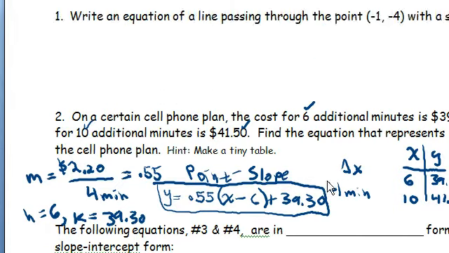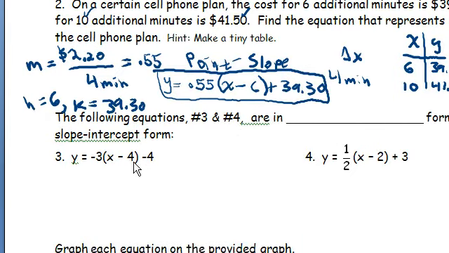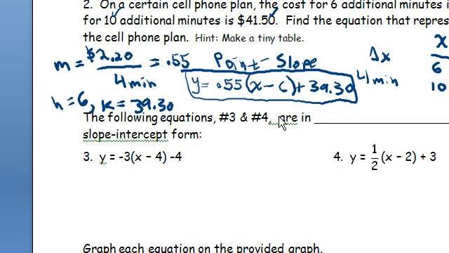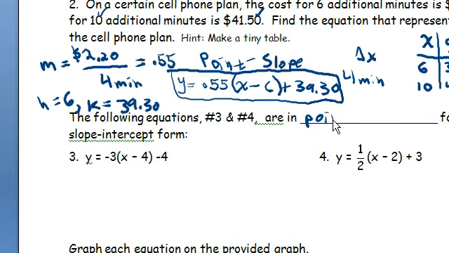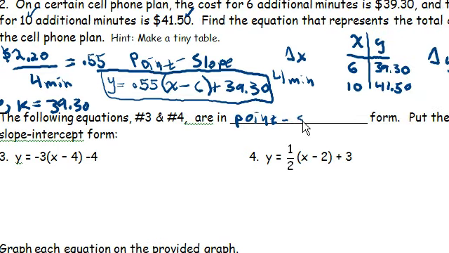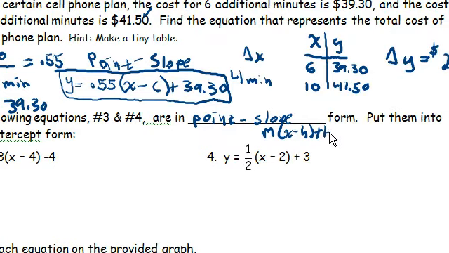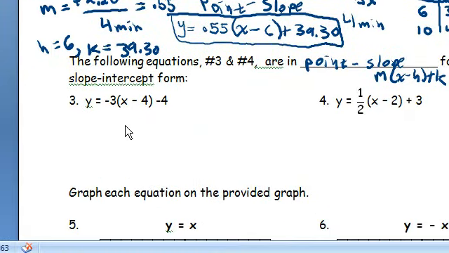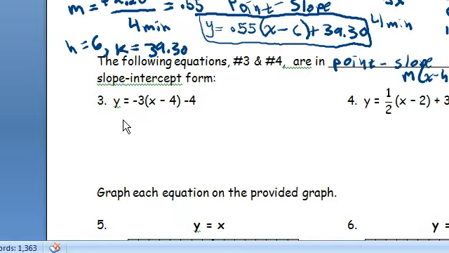All right, let's go down to number 3. The following equations are in point slope form. Remember, point slope form is m times the quantity x minus h plus k. And so to put them in slope-intercept form, we'll simply distribute, then add like terms. I'll distribute my negative 3 to both the x and then the negative 4.